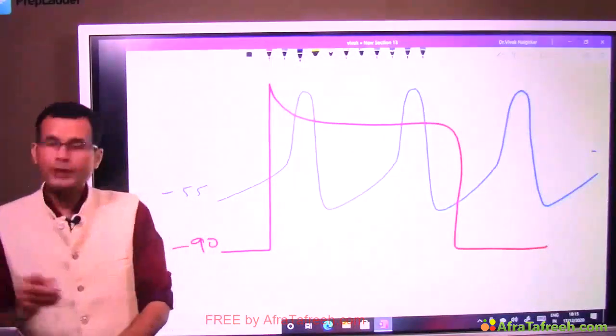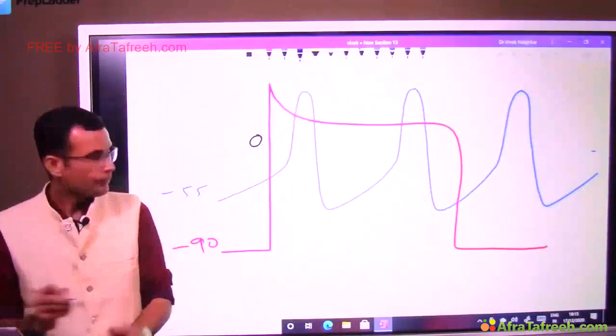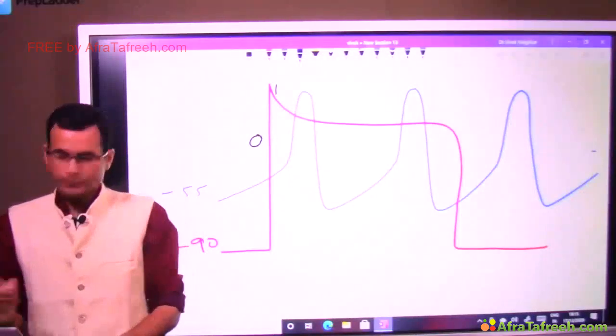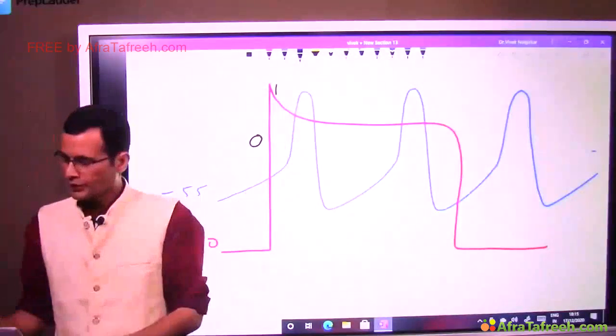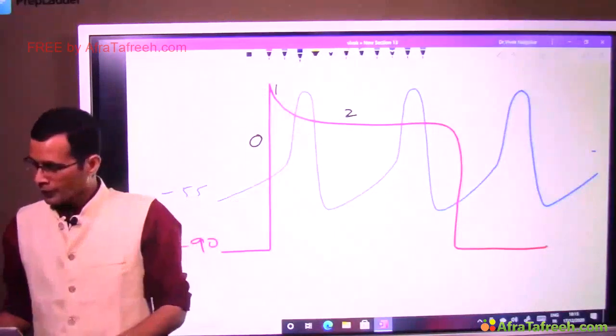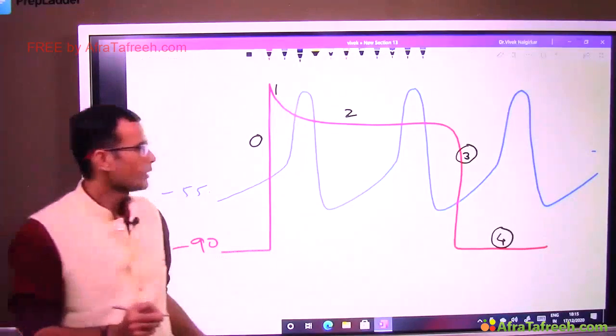So look at the Purkinje fiber action potential. Phase 0, the rapid upstroke. Phase 1, early repolarization. Then phase 2, plateau. Phase 3, repolarization. And then phase 4 is the RMP.